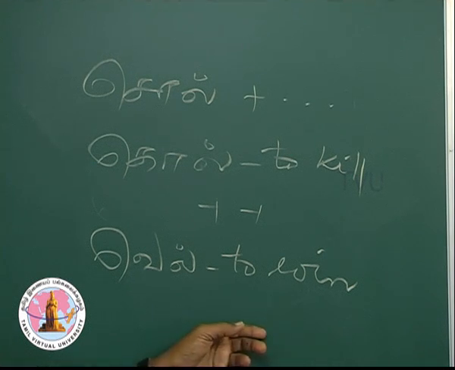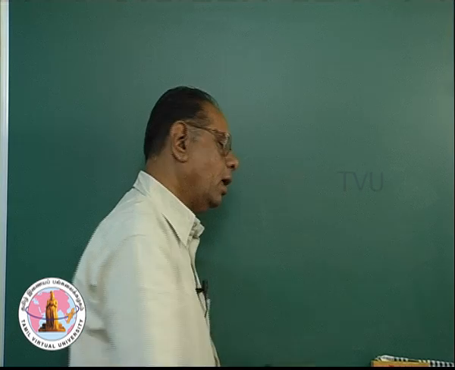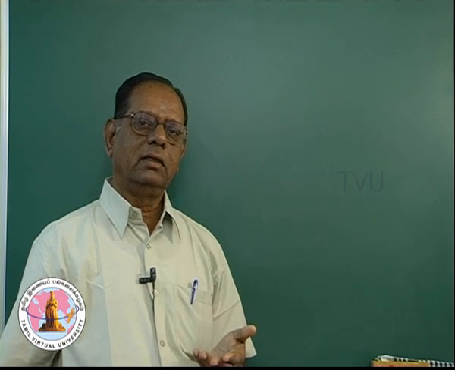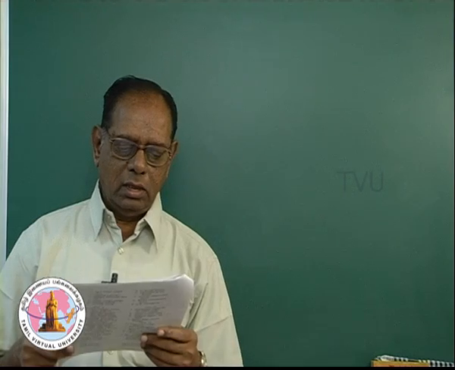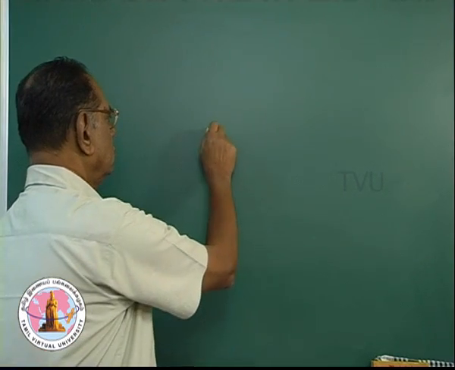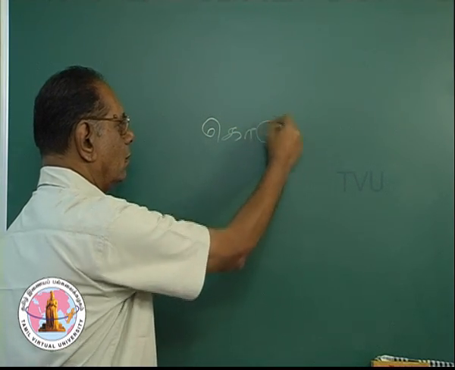I succeed, I win. We have seen a set of verbs which take up the present tense marker without undergoing any change. We shall have another set of verbs where you have a few changes.